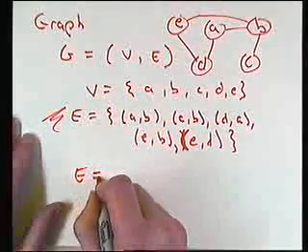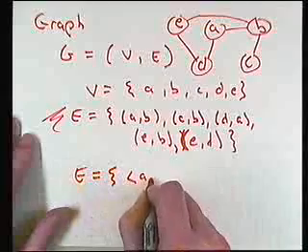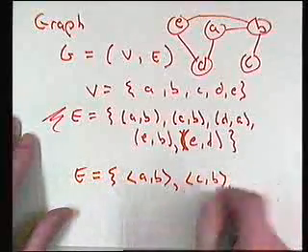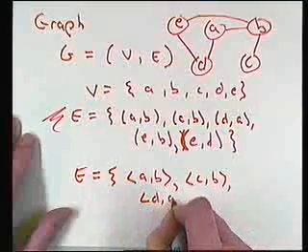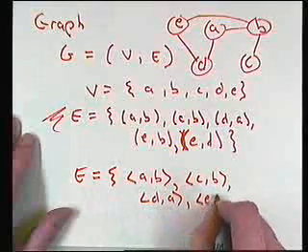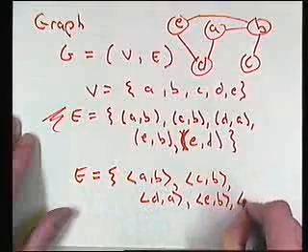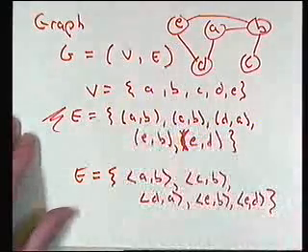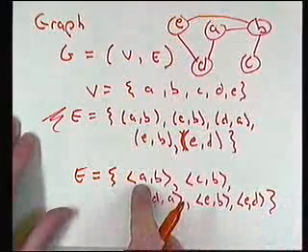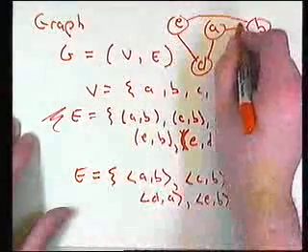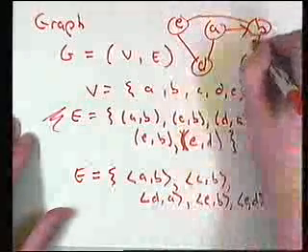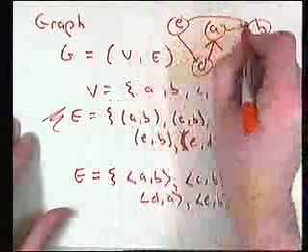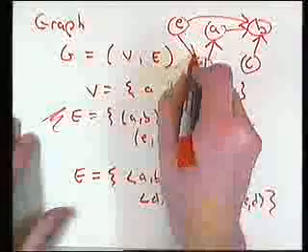If we had written the same edge set like this, A comma B in angle brackets, C comma B, D comma A, E comma B, and E comma D, all the same edges as above, but in angle brackets, we're implying there's a direction: A is the source and B is the target. There's an edge from C to B, there's an edge from D to A, there's an edge from E to B, and there's an edge from E to D.